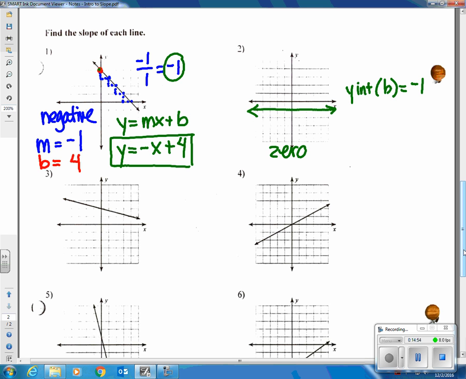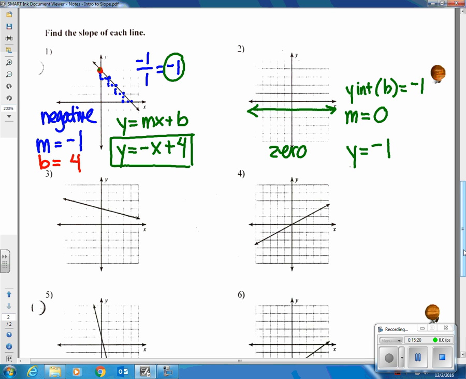We already know that our m is equal to 0, which means we don't have any x's. So that means that my y is equal to -1. Every single time, my y is -1, and x is going to be a whole bunch of different numbers.